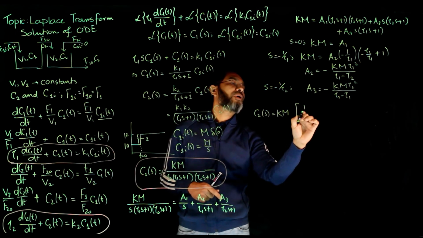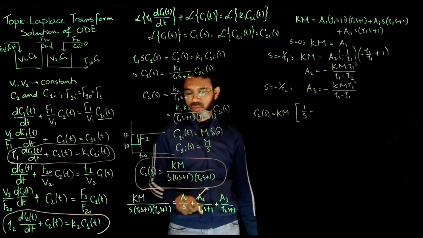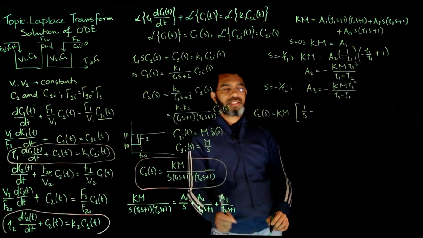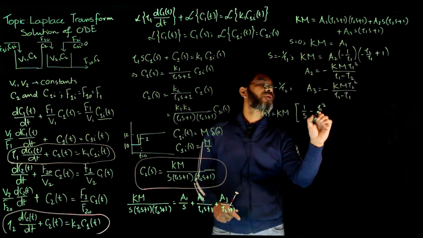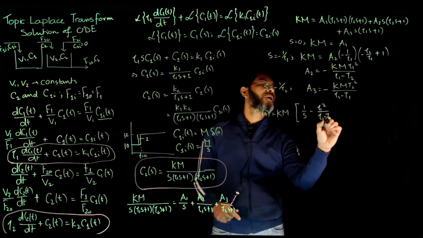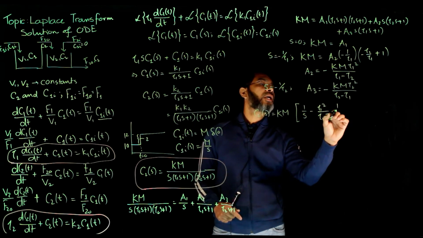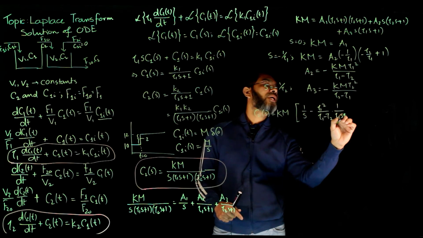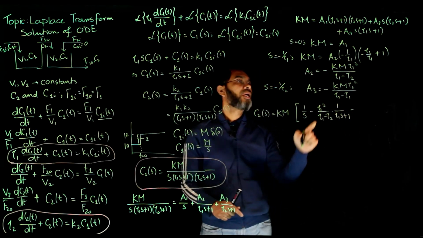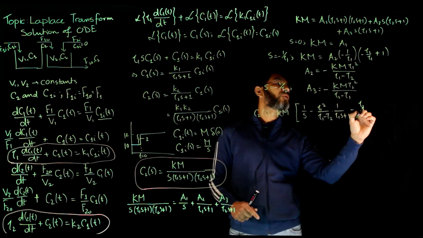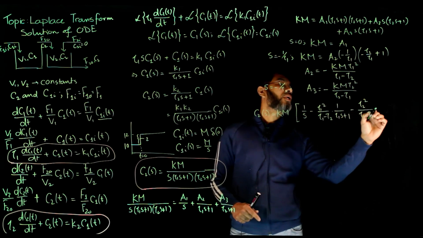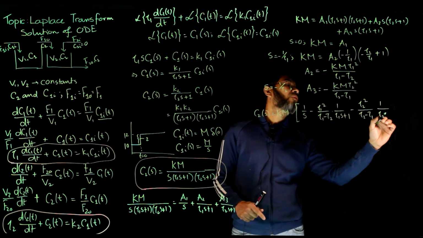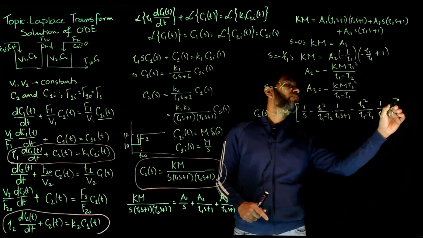We'll have 1 over s, minus A2 over tau 1 s plus 1, so we'll have tau 1 squared over tau 1 minus tau 2 times 1 over tau 1 s plus 1, minus A3, so tau 2 squared over tau 2 minus tau 1 times 1 over tau 2 s plus 1.